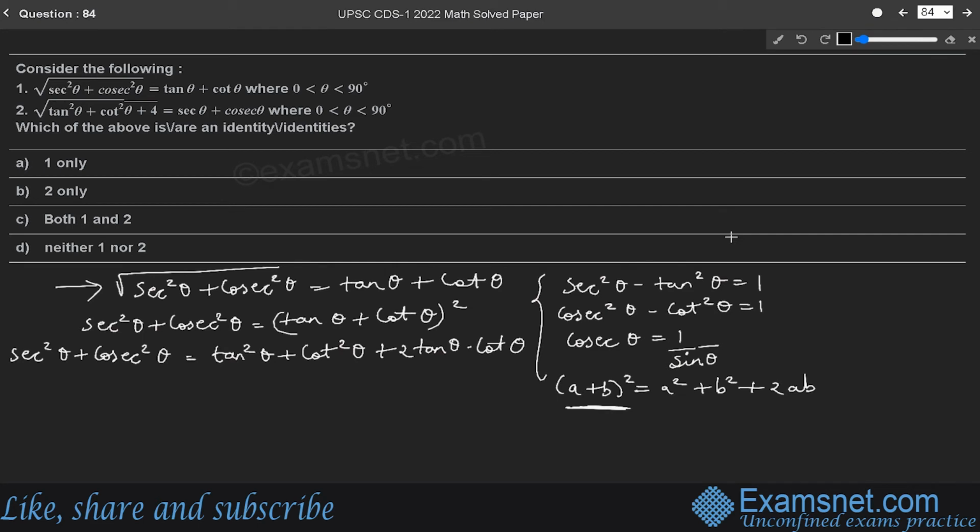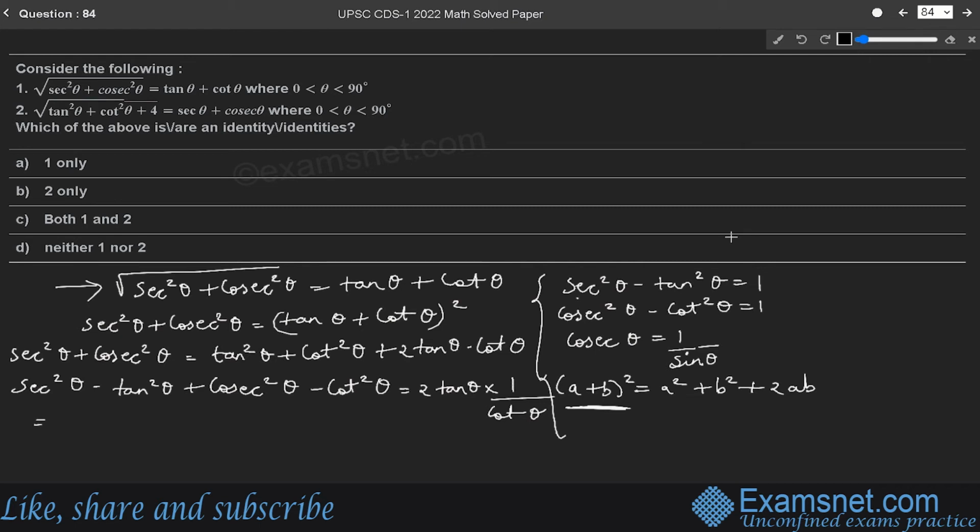Now on further solving this, we will get sec square theta minus tan square theta plus cosec square theta minus cot square theta is equal to 2 tan theta into 1 upon cot theta. On further solving this, we will get the values.